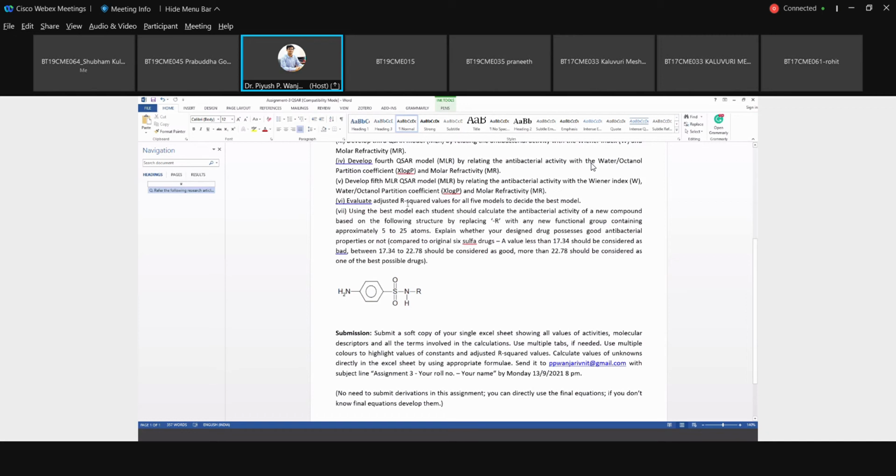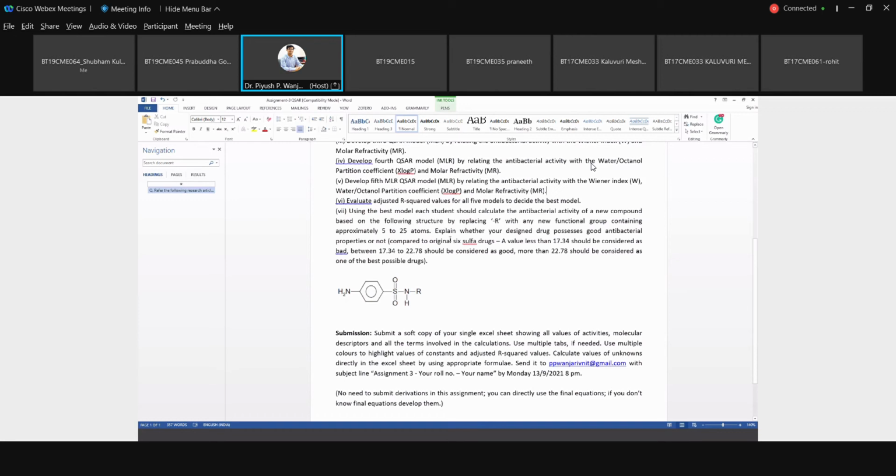Simply calculating the R square value is not sufficient. So here you have to estimate first R square and then adjusted R square for all the five models. Whichever has the highest adjusted R square, close to 1, you should prefer as your base model. Now the last question is very important.